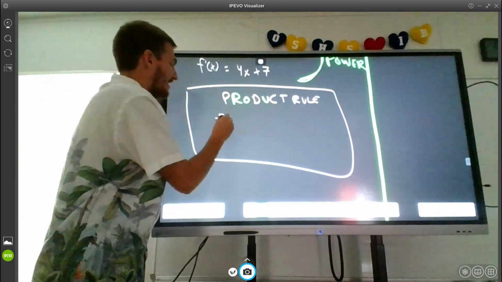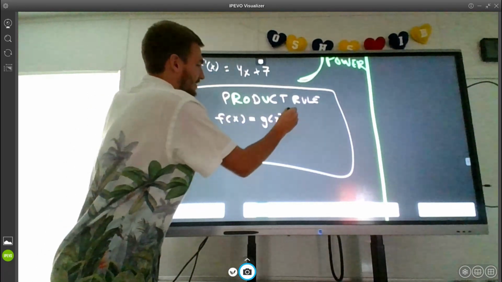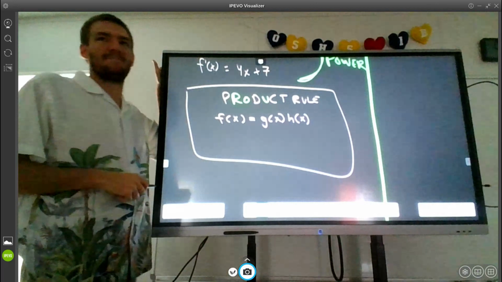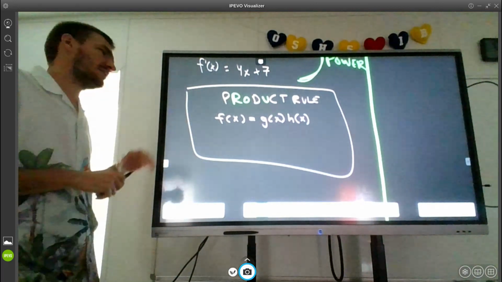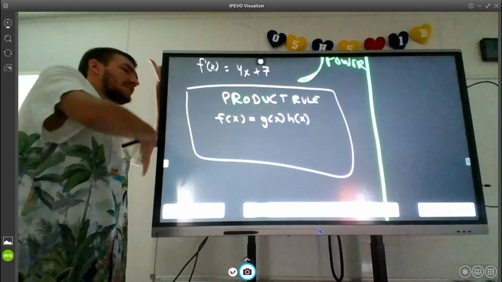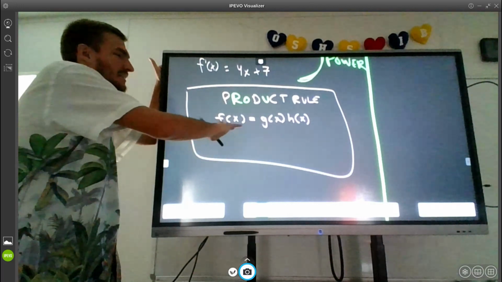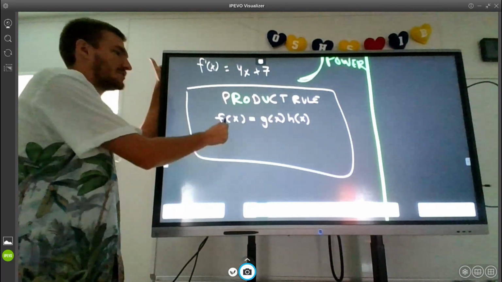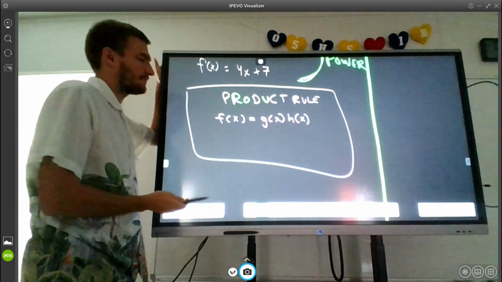All right, product rule. If f of x is equal to g of x times h of x. And again, I hope we're building up our tolerance for these more lettery examples. This just means f of x is one thing multiplied by another thing.